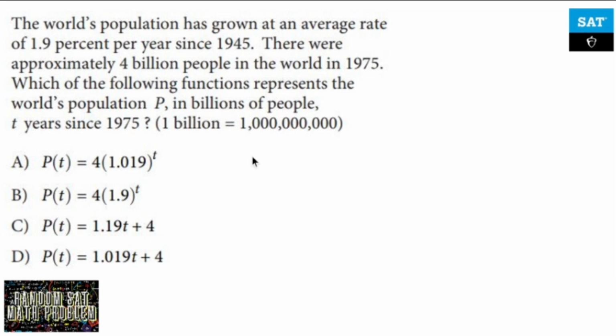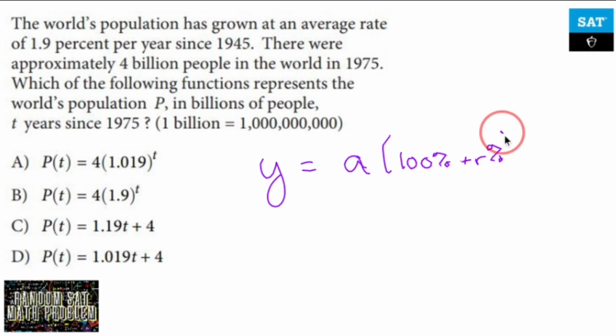All right, so a general rule is when you're dealing with percent growth over time, you're going to use the equation, I'll use y's: y equals an initial amount times 100% plus the rate of increase, to the power of t, the number of years.